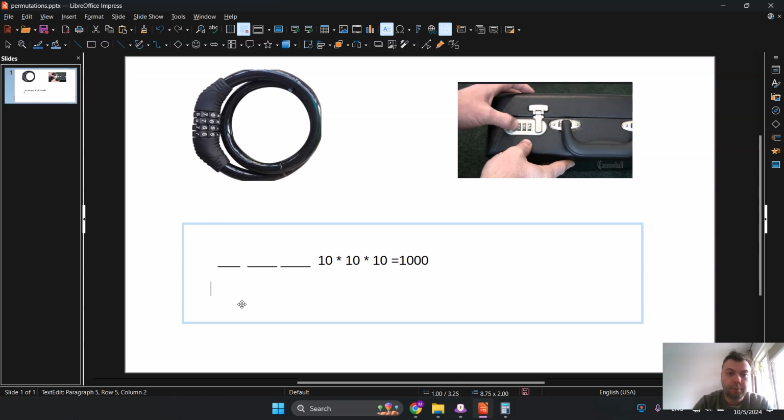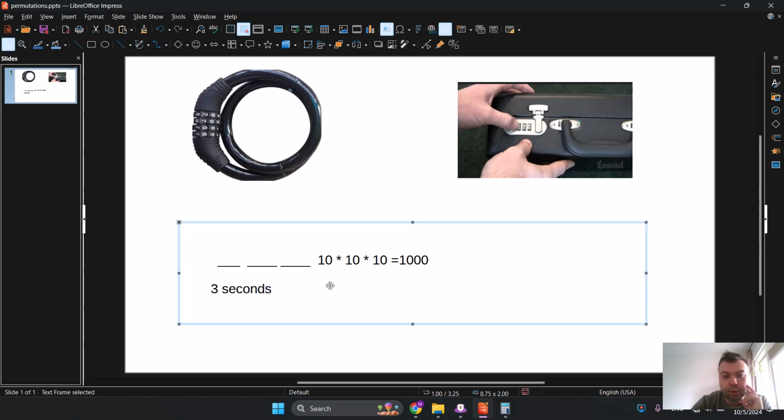And the question is, is it safe? What do you think? Let's assume that it takes a person 3 seconds to change each combination, right?